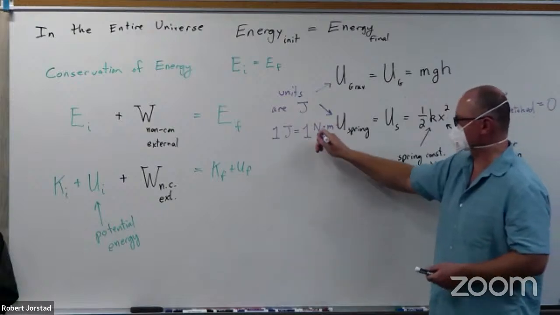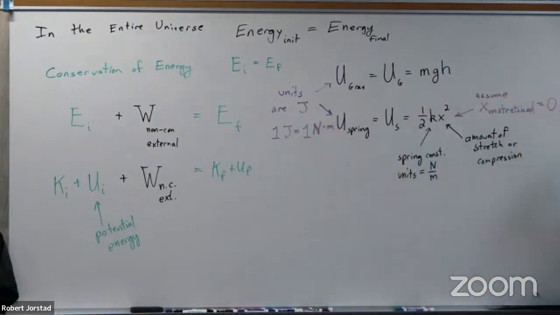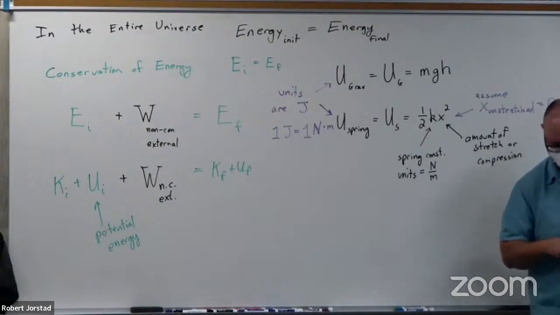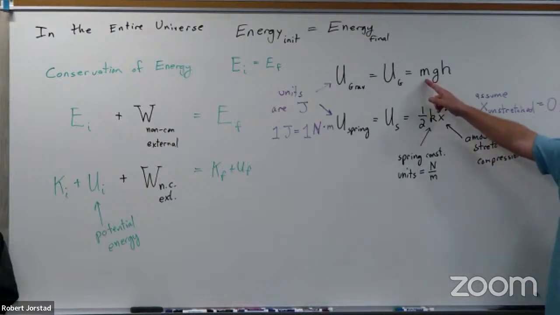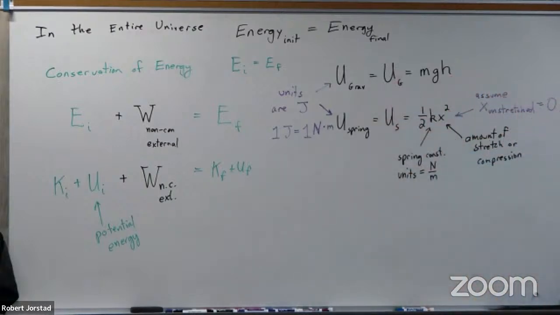A little sloppy, but a Newton meter and a joule are the same thing. Okay? All right. I think here we know kilograms, meters per second squared is meters, which gives you a joule. Obviously, the amount of stretch or compression would be meters, agreed?